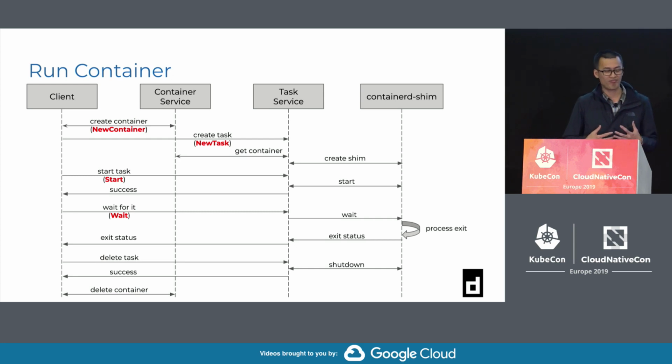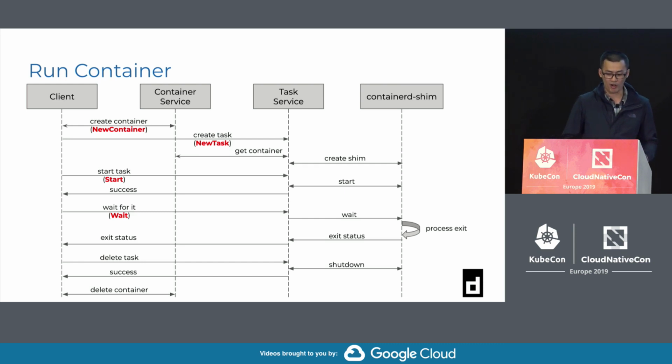This action will not run a process. It is just used to create a record, and then you can use the returned variable to call the new task API. This API will touch the task service. It not only creates the record, it will also launch the containerd shim backend server.